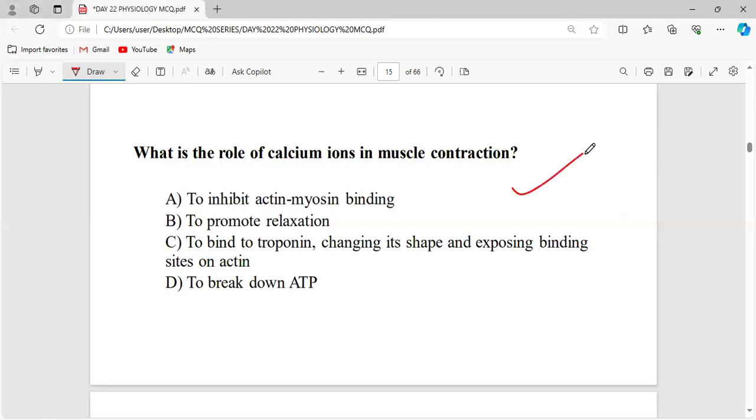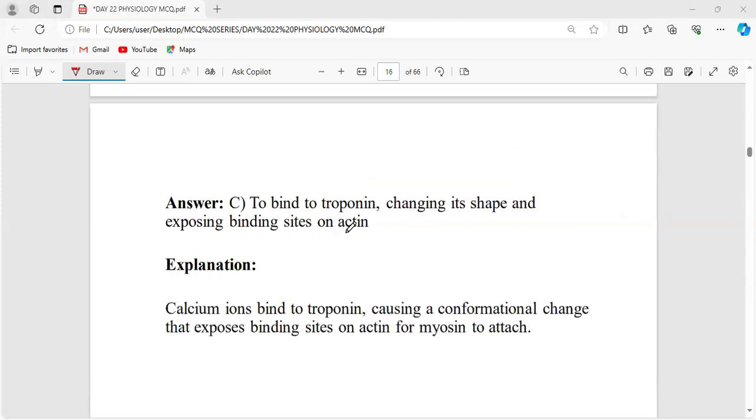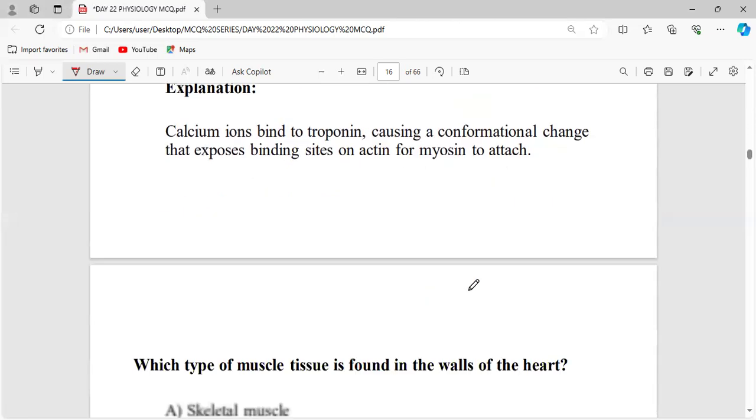And what is the role of calcium ion in muscle contraction? That will be to bind to the troponin, and this results in the conformational change, so that myosin can easily bind to the actin. Very good.